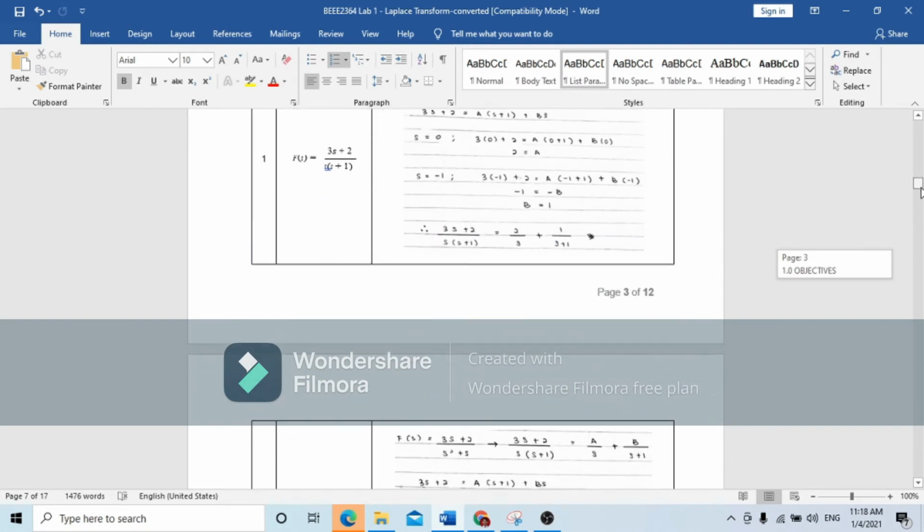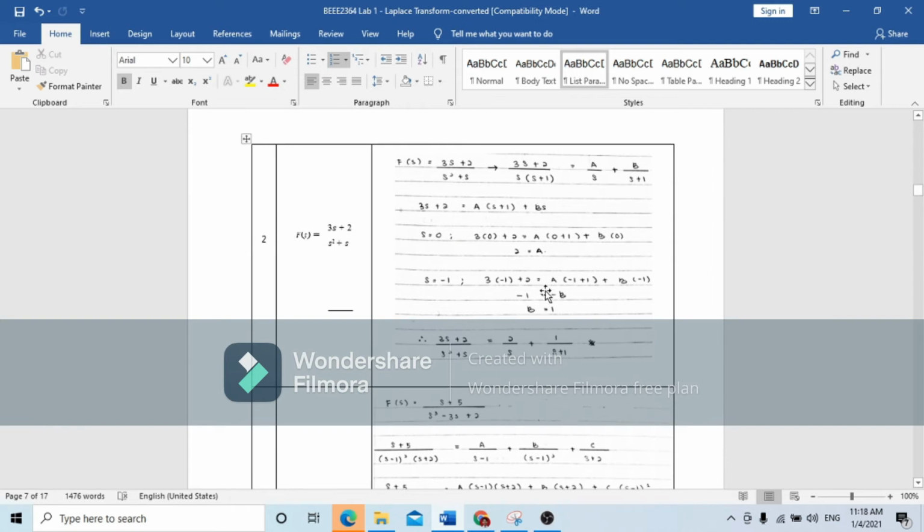We compare with the mathematical working. Here R is the numerator. This is the final answer, so R is the numerator. The answer from MATLAB is R is 1 and 2.